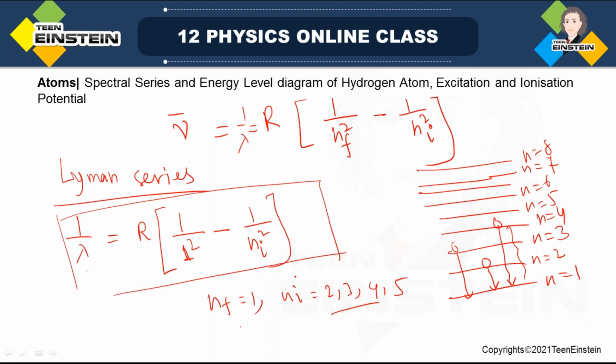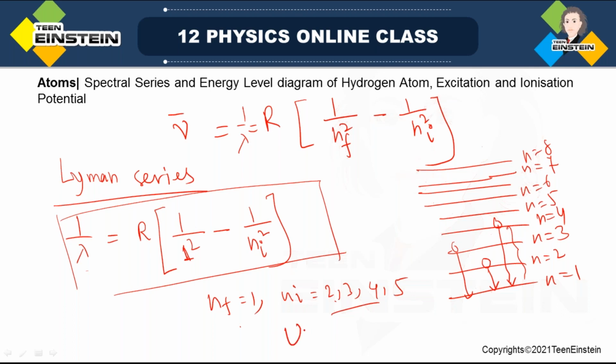The rule these lines follow is that from anywhere starting from n is equal to 2, if the electron de-excites to the ground state, then the emitted photon falls in the Lyman series, and this light cannot be seen.